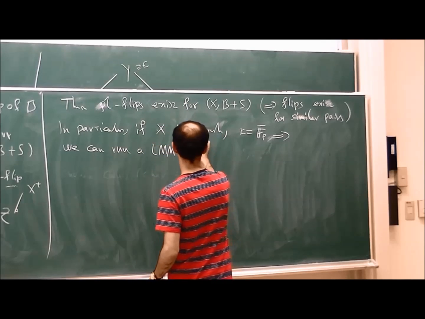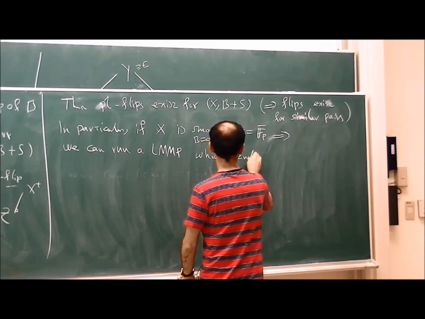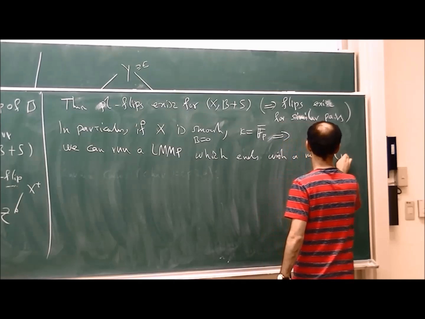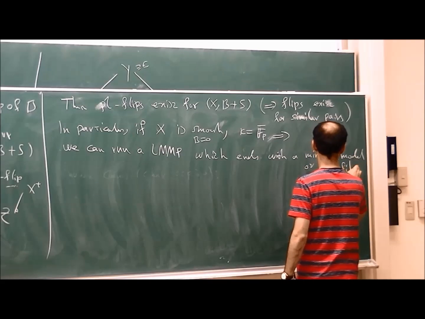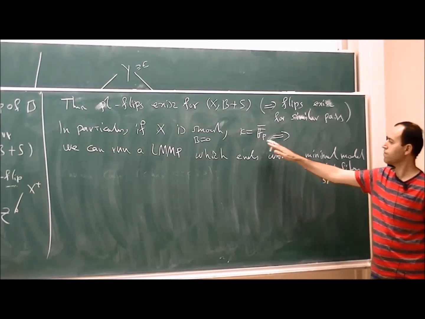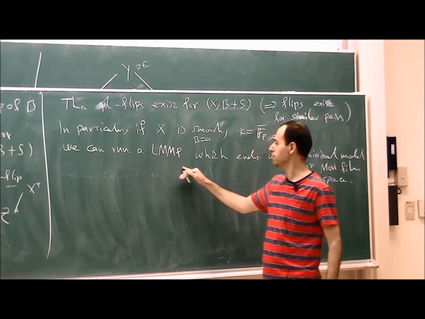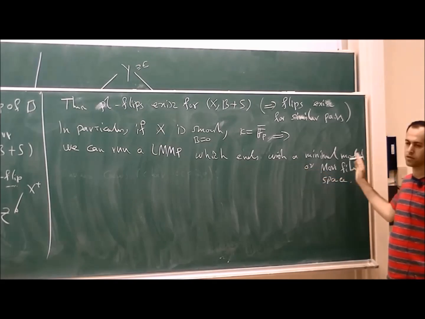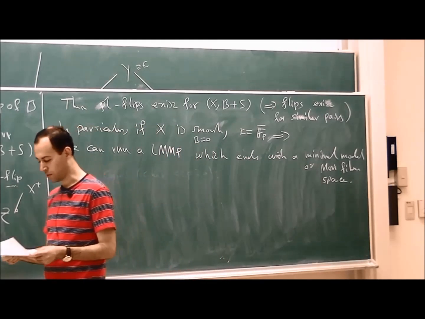So here B is equal to 0. In other words, over the closure of a finite field, for just a smooth projective threefold, you can run the minimal model program in the usual standard way that I explained here, and then this will stop and end up with a minimal model or more refined.